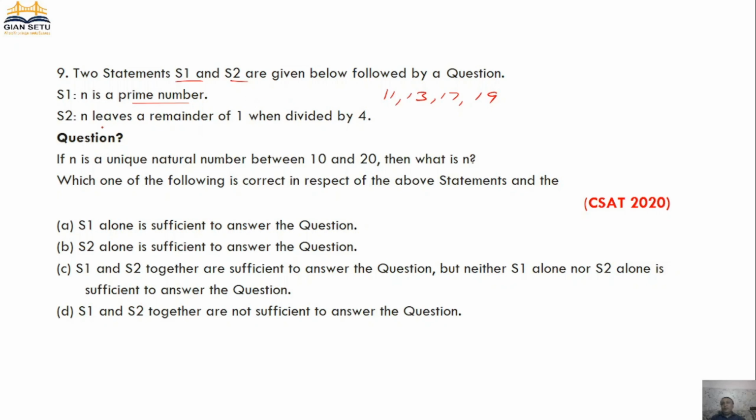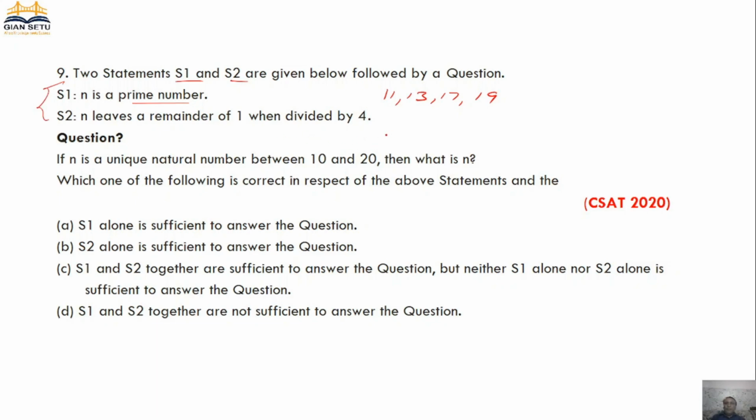Now let's see, can we answer the question with statement 2 alone? n leaves a remainder of 1 when divided by 4. There are more than 2 numbers which when divided by 4 give us a remainder of 1. So even statement 2 is not sufficient alone to answer the question. Now let's try to solve the question with both the statements together.